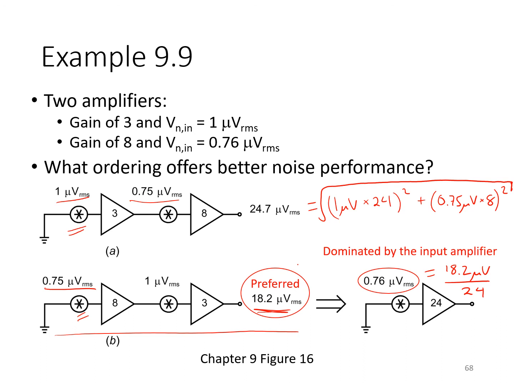Their job is just to attenuate the noise of subsequent stages when input referred. So even a gain of 3, 5, or certainly 10 is usually enough that it renders the noise of subsequent stages almost irrelevant.